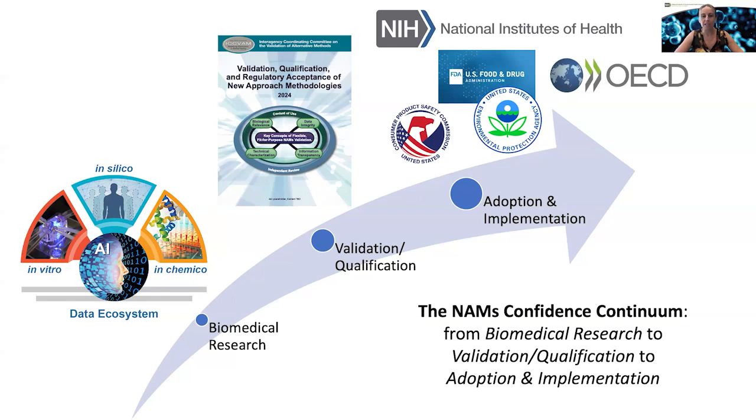I'm first going to start with a really quick overview of what I like to call the NAMs confidence continuum. So this shows us that this whole concept of biomedical research and toxicology being sort of separate fields is a real false distinction.